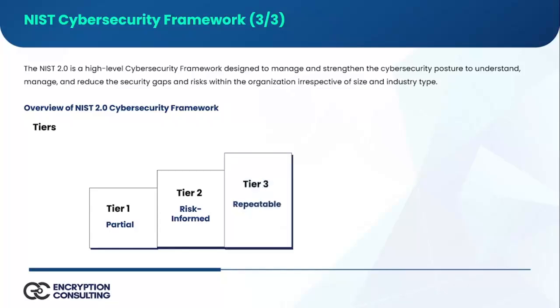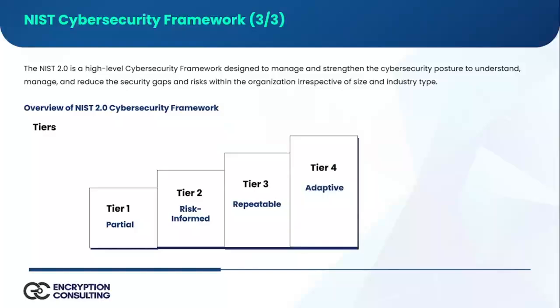Whereas Tier 3, Repeatable, means that the organization has a clear plan for managing risk and shares the information regularly. It responds well to risk changes. The executive or key stakeholder members ensure that secure data flow is practiced in all areas of the organization. In Repeatable, the organization's practices are formally approved and expressed as policy.